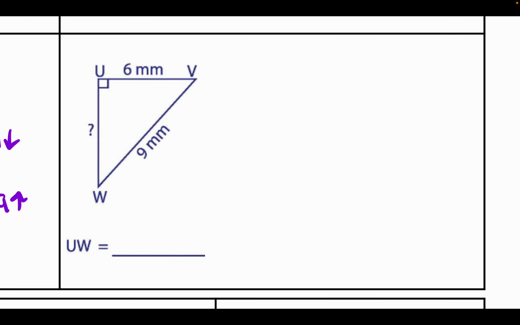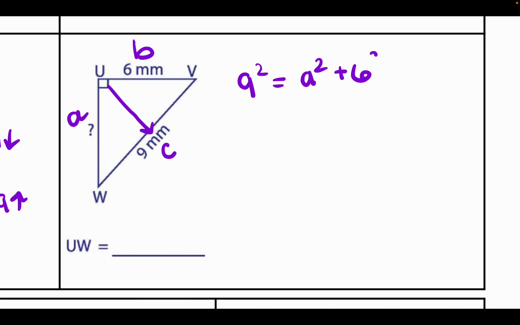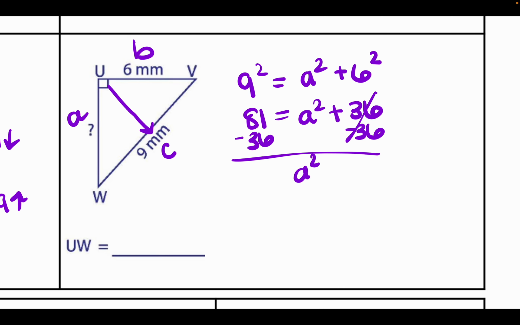Okay, our next picture. Across from our right angle is our c. So that means that this is our a and b. So 9 squared equals a squared plus 6 squared. 9 squared is 81. a squared stays the same, plus 36, which is 6 squared, minus 36 on both sides. a squared is equal to 45.